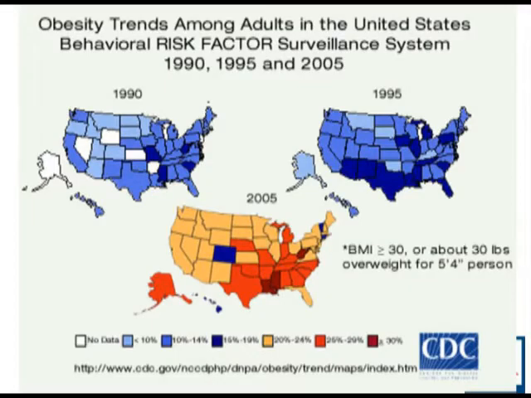Okay, so the Centers for Disease Control, federal government, started to look back here in the 80s, what percentage of patients had a BMI greater than 30 in each state. BMI greater than 30 means obesity-related problems. And you can see here in 1990, Mississippi is leading the country as it has every year since.